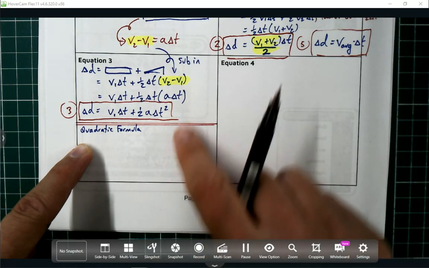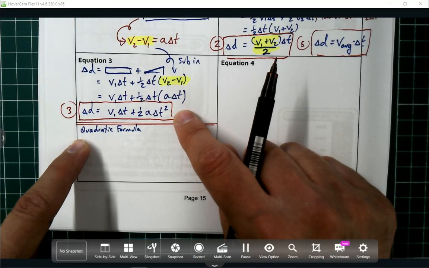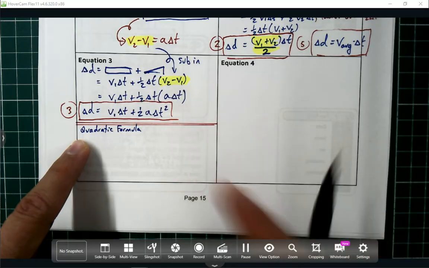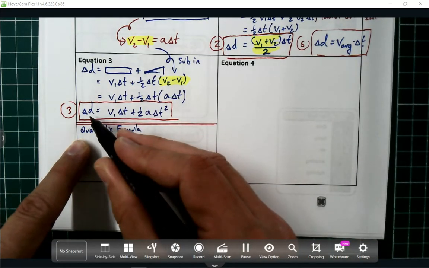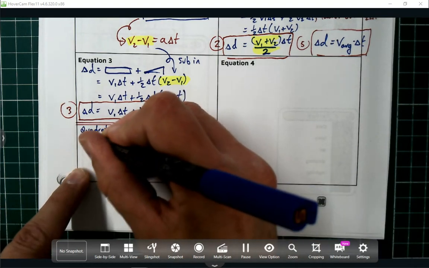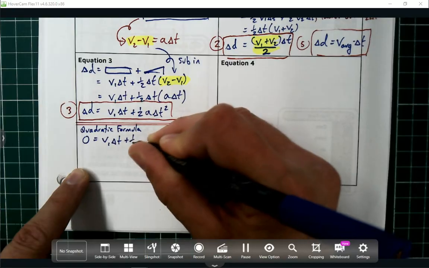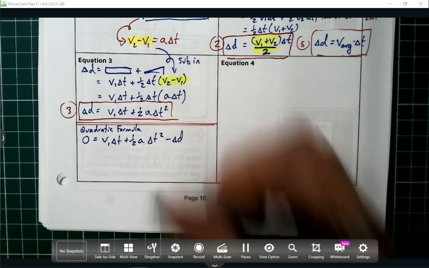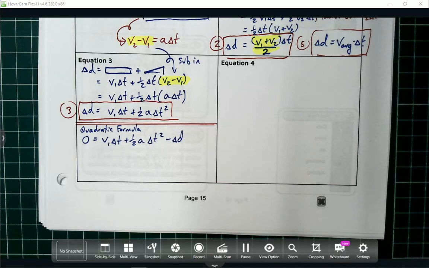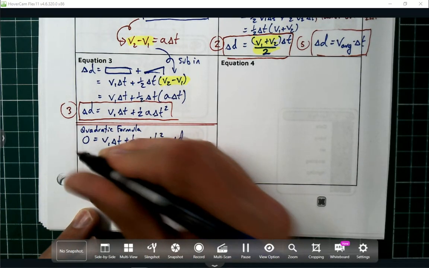So when I look at equation number 3, it's actually a quadratic in disguise. Not even a very good disguise. Because if I take this delta D and subtract it from both sides, what I'll end up getting is 0 equals V1 delta T plus 1/2 A delta T squared minus delta D. And I have to massage this just a little bit. I'm going to resequence the addition of these terms.